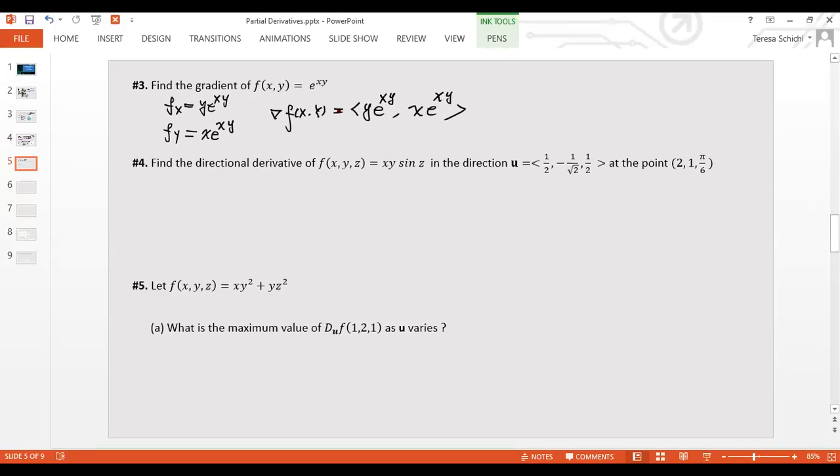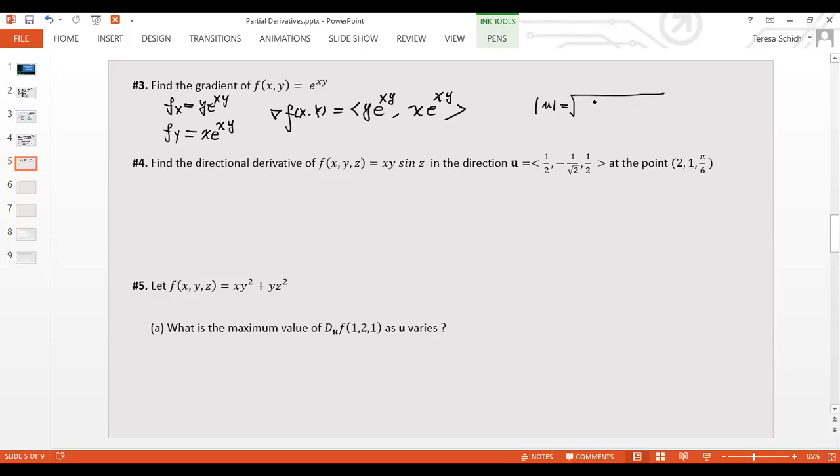Okay, so the next thing here, let's say find the directional derivative of f of x, y, z in this direction, at the point (2, 1, pi/4). First, let's check to see whether this is a unit vector or not. Let's see the length of u.